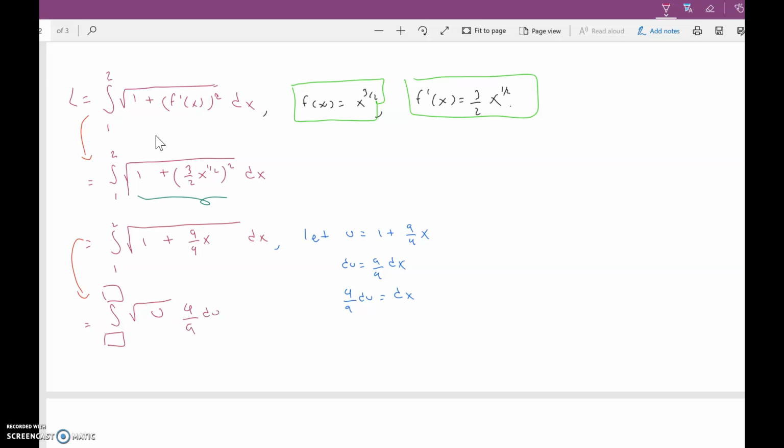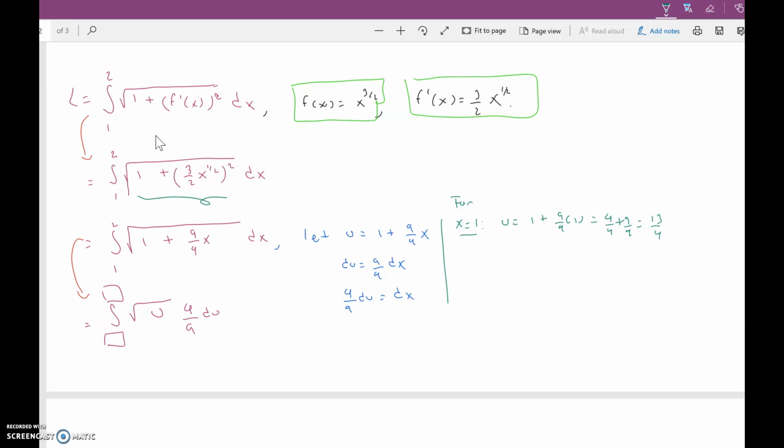And then let's actually deal with the limits of integration. So for x is equal to 1, u is going to be equal to 1 plus 9/4 times 1. So I'm looking at, well, 4/4 plus 9/4. I'm looking at 13/4.